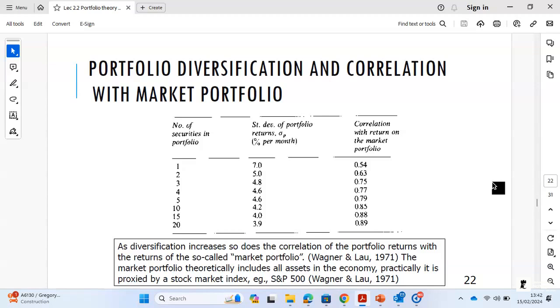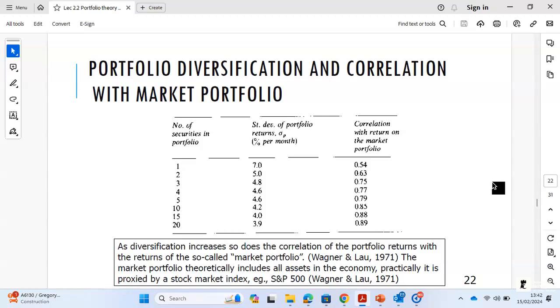Can anyone explain why this is the case? As you add more securities, the correlation goes up. Yes, if you increase the number of securities, your risk would go down. So you get close to the risk-free rate.